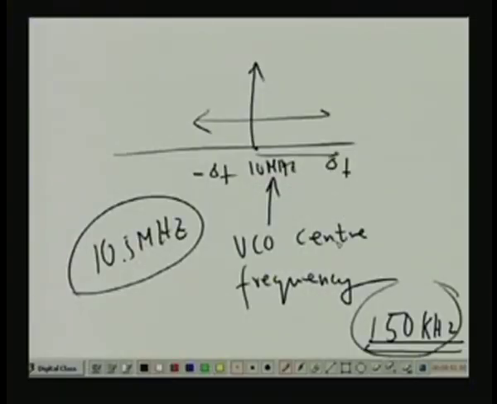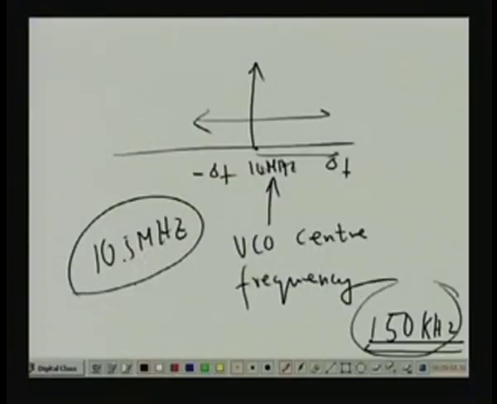Because our information about the unbalanced voltage, or the shift of the frequency from the VCO center frequency, will be calibrated in terms of torque, please note that. This shift of frequency will be calibrated in terms of torque. If the torque is larger, the frequency shift should be large; if the torque is smaller, the frequency shift will be small, around 10 megahertz, right.